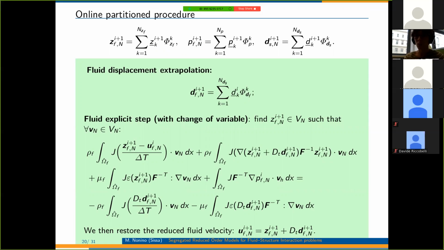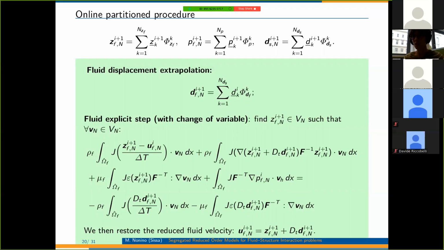So by doing this, we are automatically satisfying the condition on the continuity of the displacement at the FSI interface. And then all the other problems, so the viscous step of the Chorin-Temam projection scheme, the pressure Poisson formulation, the solid problem, are formulated in the same way as in the finite element step of the algorithm.